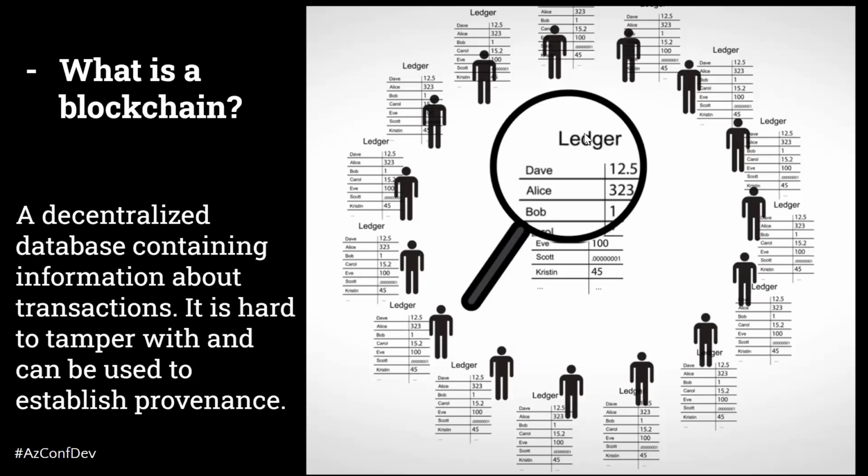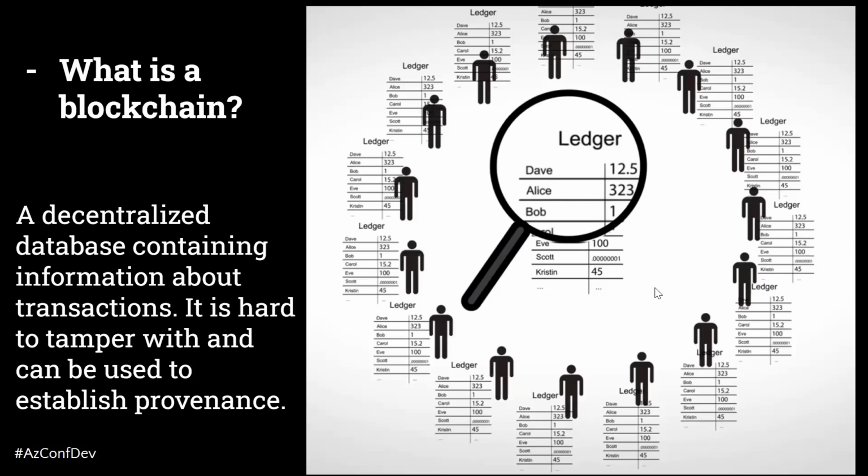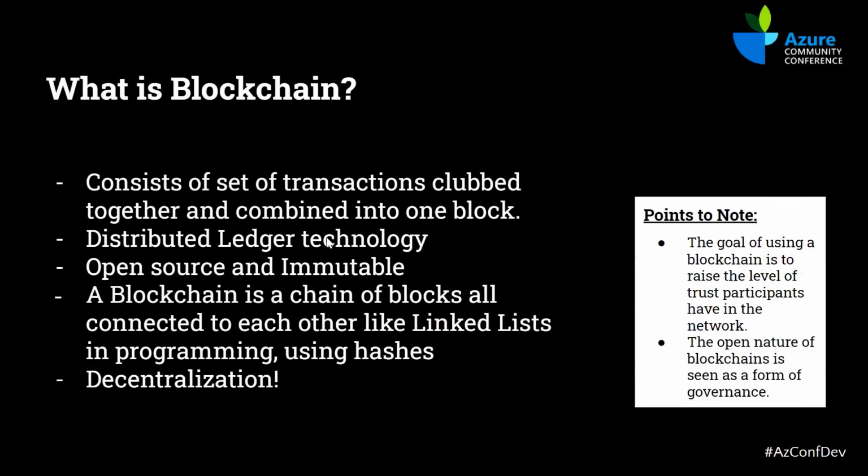If you see this image, you can see that the ledger has several transactions that Dave has done, Alice, Bob, etc. And you can see the same copy of the ledger is present with everybody who is a part of the network. And therefore, blockchain is also known as the distributed ledger technology.